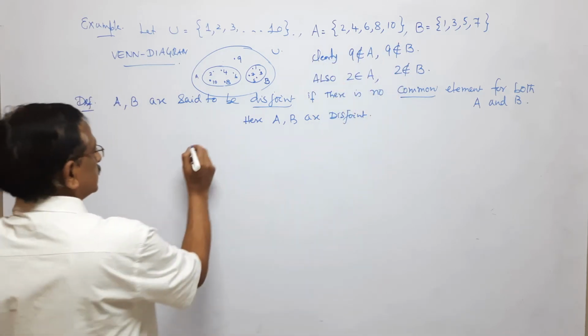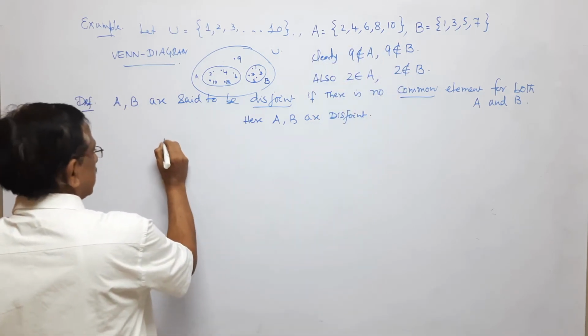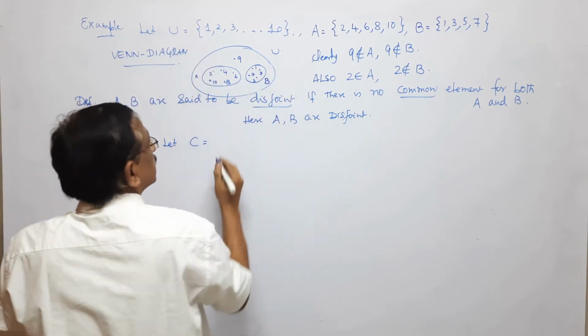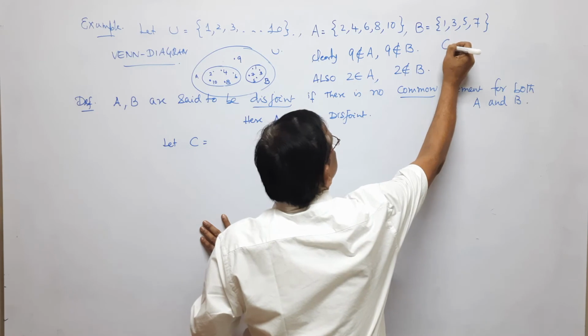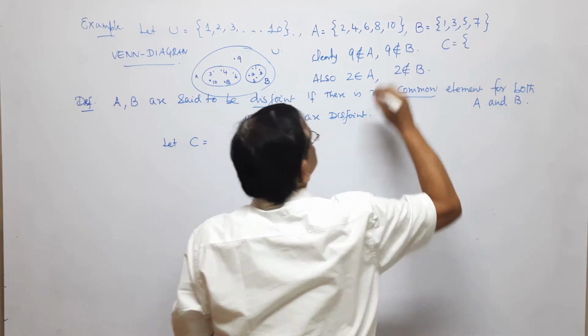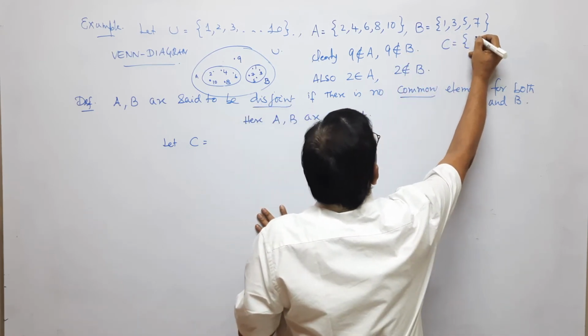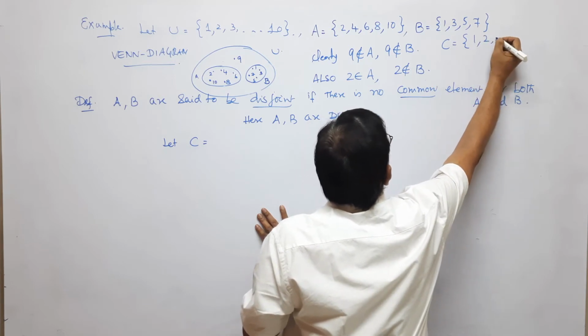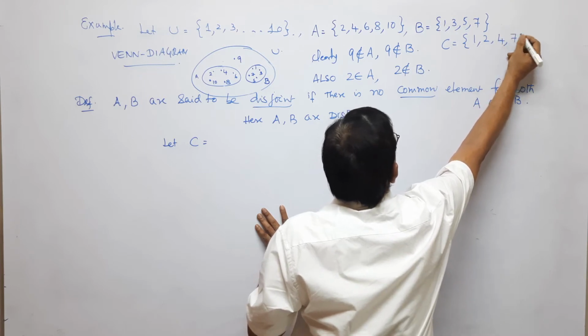Let me write down another set. Let C be equal to 1, 2, 4, 7.